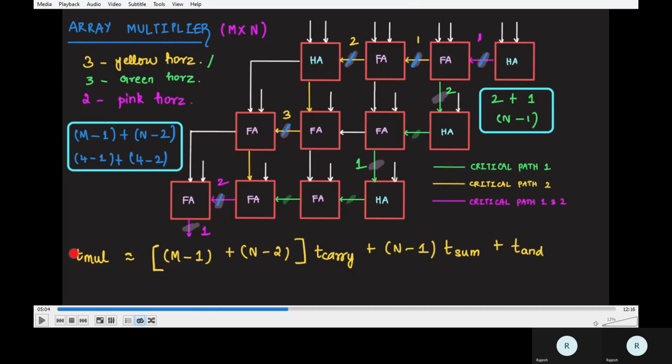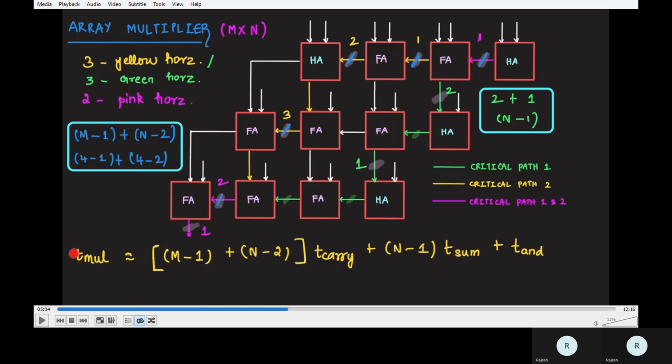Because it is related to the multiplicand, it is written m minus 1. So it is 4 minus 1 plus n minus 2. N minus 2 because n is related to each row.